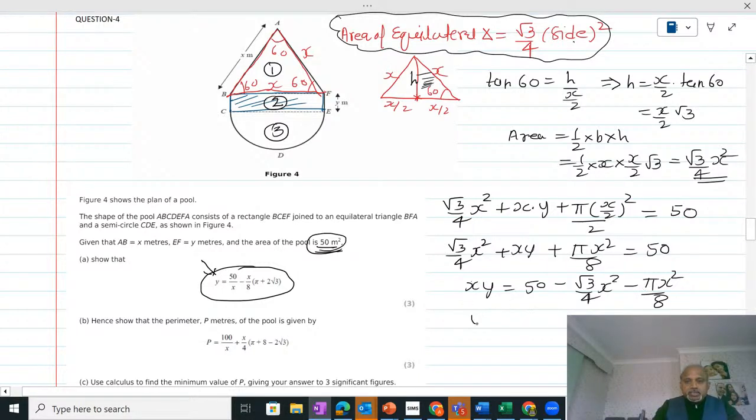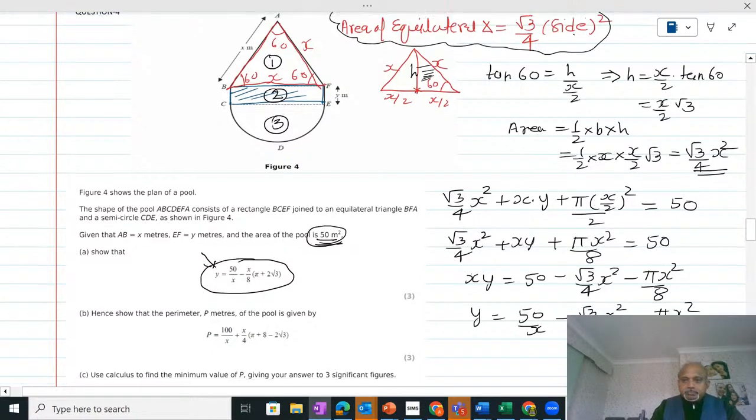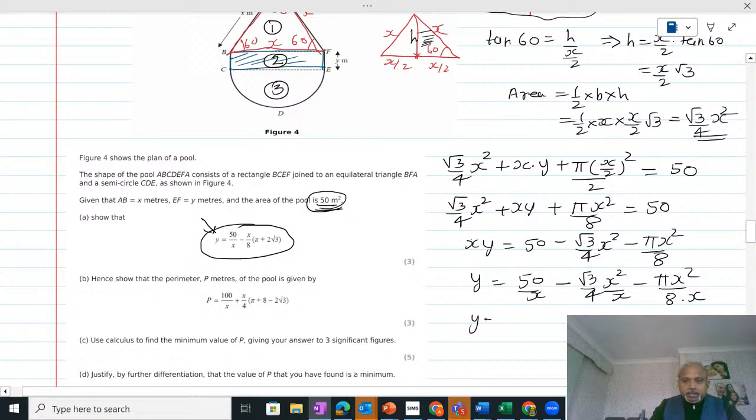And when you make y the subject, it should be 50 over x minus root 3 over 4 x square divided by x, minus pi x square over 8 divided by x, right? So this will be y equal to 50 over x.